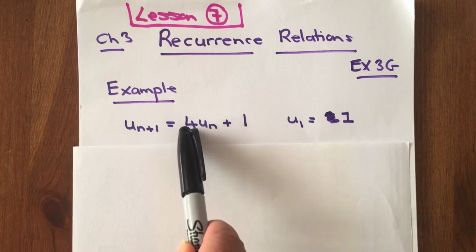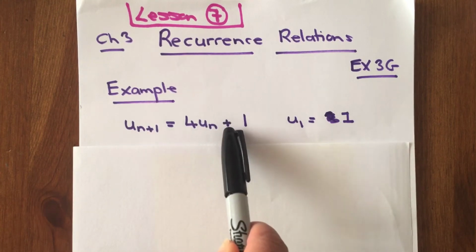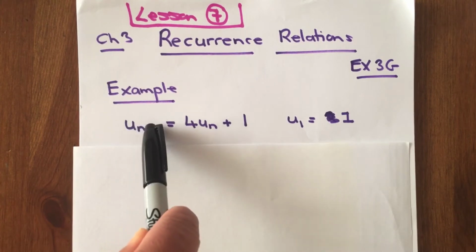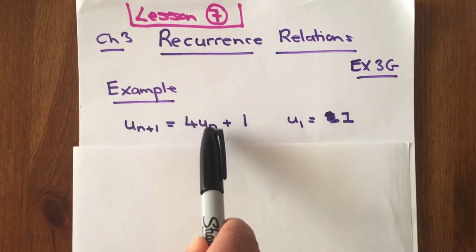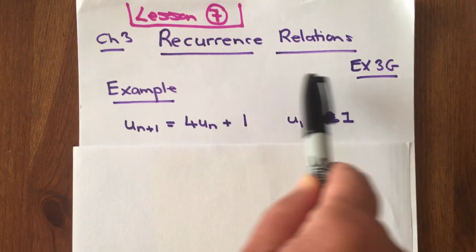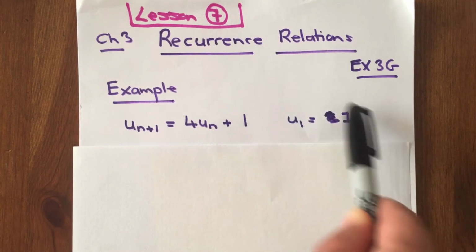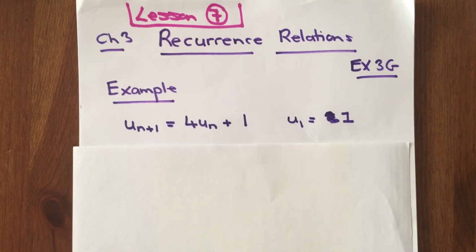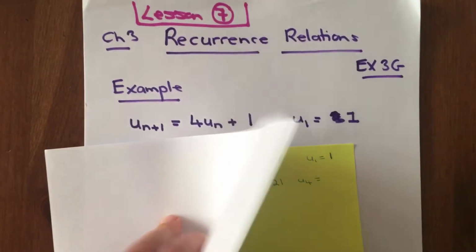So 4 times the term before plus 1 gives you the next term. The n+1 term is the term after the nth term. And you always need to be told what the first term is.